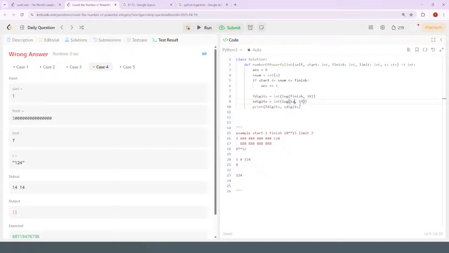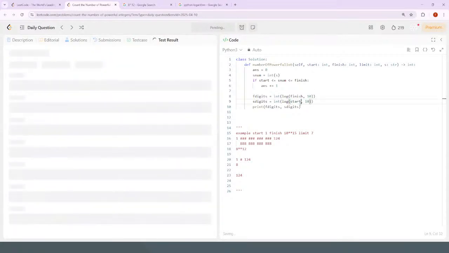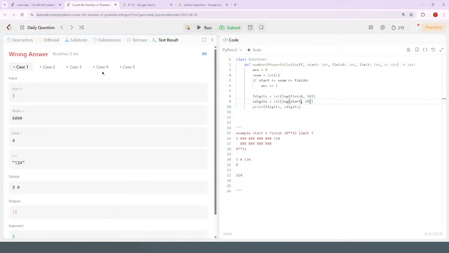Finish. 10 to the 15th. I think this was 10 to the 15th, and that gives me 14 digits. Log base 10 of 10 to the 15th should give you 15, right? 100 is 10 squared, 1,000 is 10 to the third.